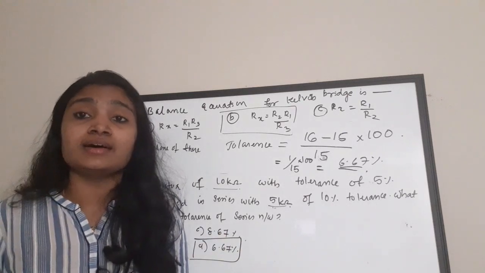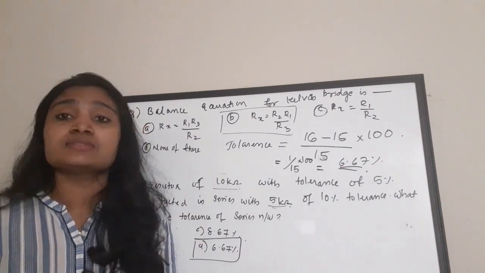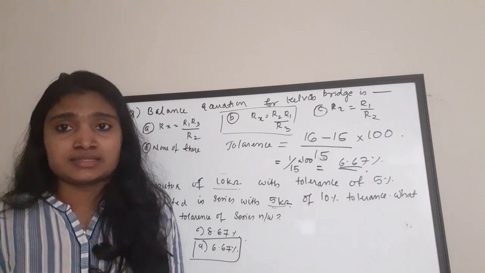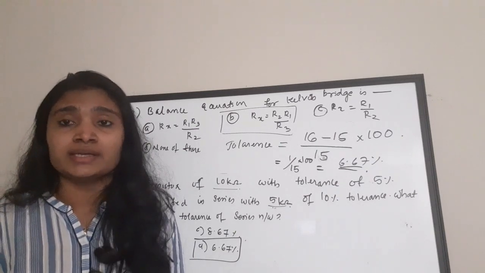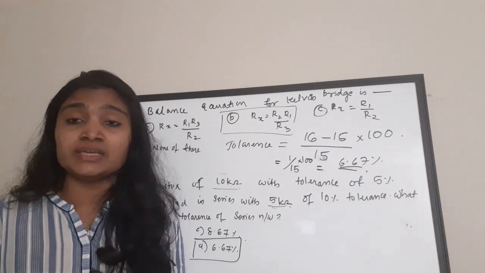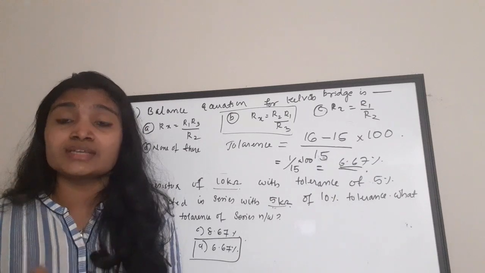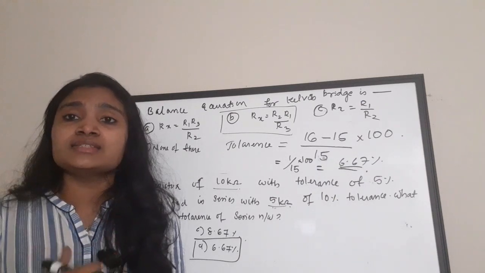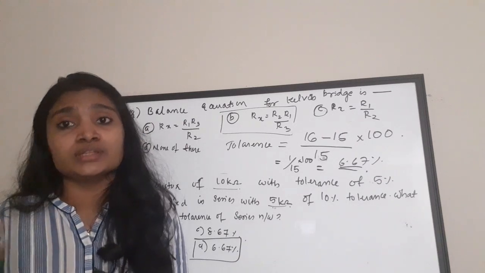Now let us understand, or try to say once again, what was being discussed in the question. So there are two resistors connected in series and also their tolerance levels are being given. Okay, so the question is being asked to find the tolerance percentage of the series connection. So we have to find the series total resistance including the tolerance and excluding the tolerance.